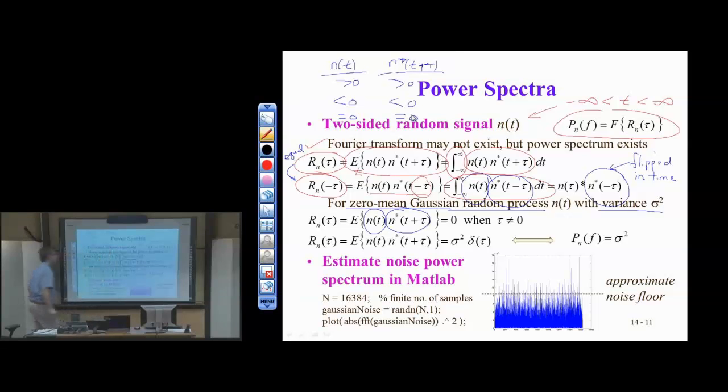I guess we'll do the third case in here. So if n of t is positive, and n star of t is positive, then the result's positive. If n star of t plus tau is negative, then the result's negative. And if n star of t plus tau is 0, the result is 0, right? So this gives either greater than 0, less than 0, equal to 0.